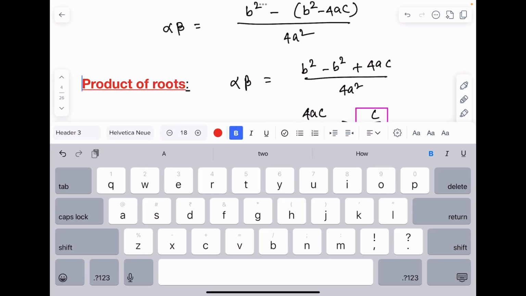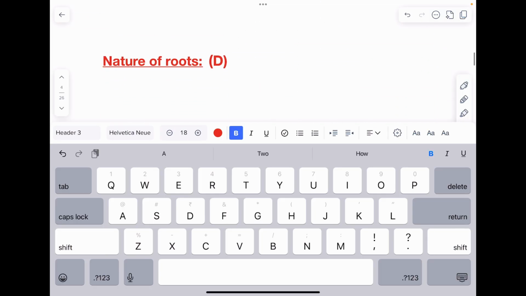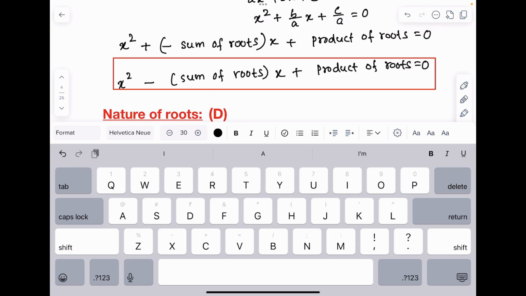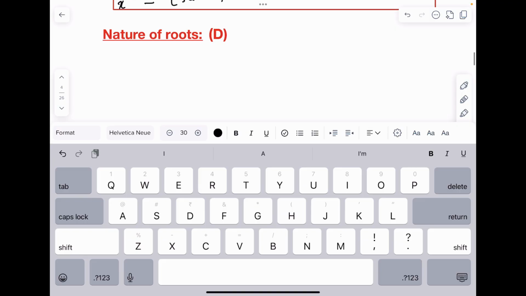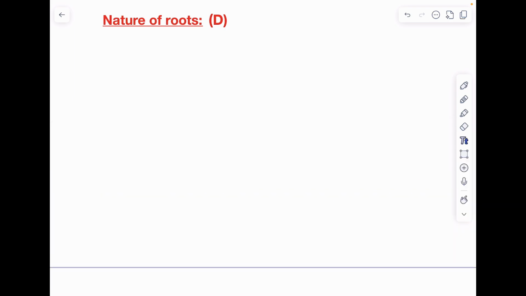The sum of roots and the product of roots. What is the nature of roots? Nature of roots, now we will see. The nature of roots is determined by the discriminant D. What is D?